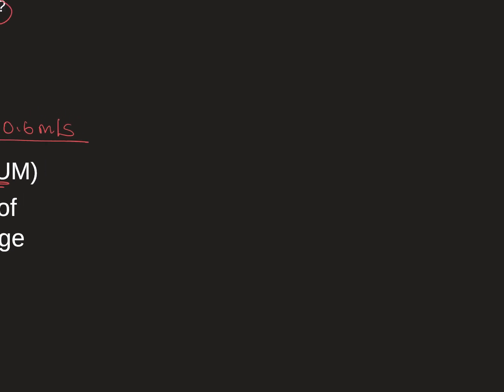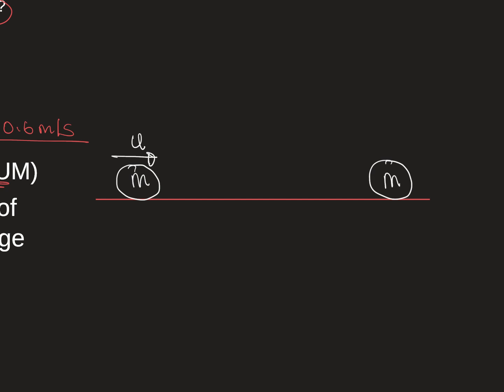Let's say we have an object that is initially at this position, with an initial velocity of u. This is the mass of the object, and it reaches a point here with a final velocity v.